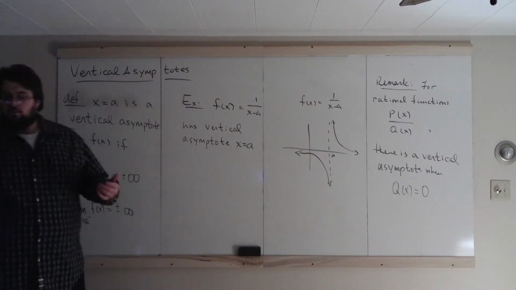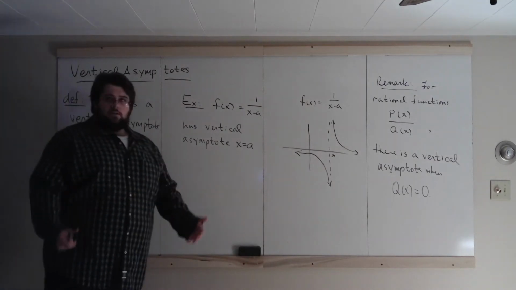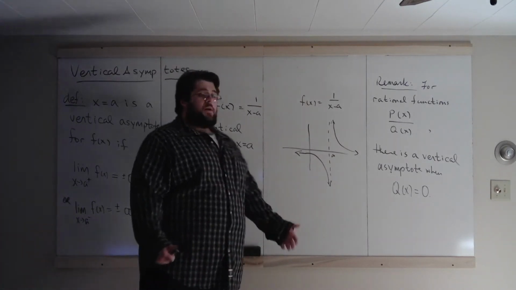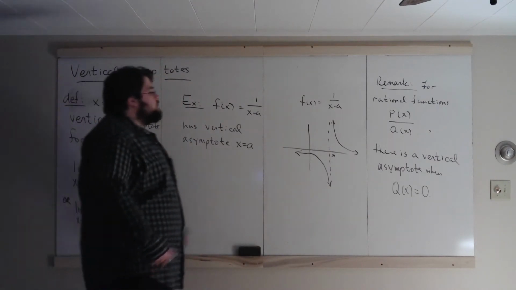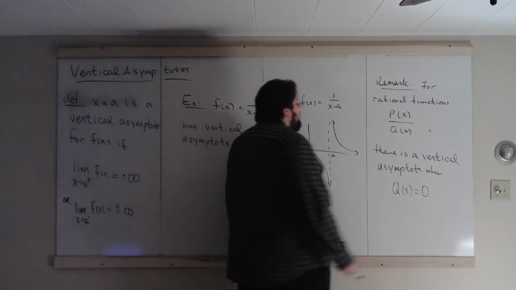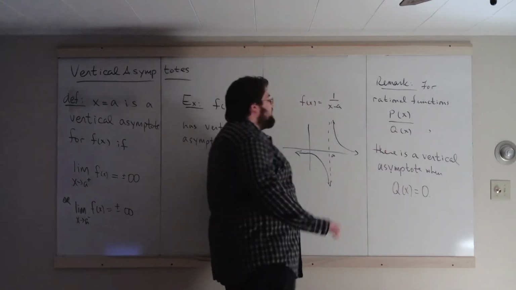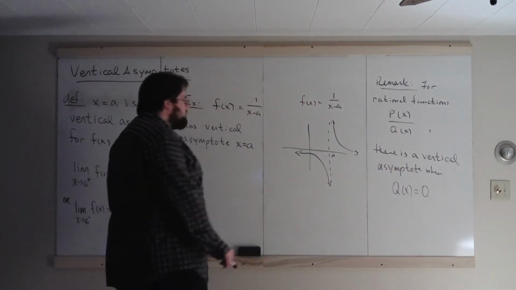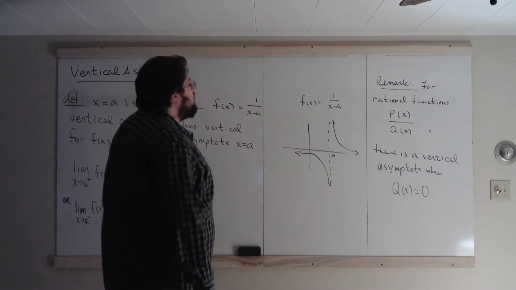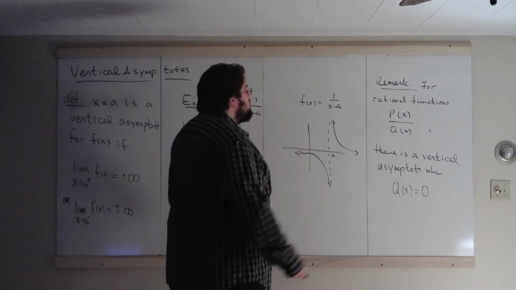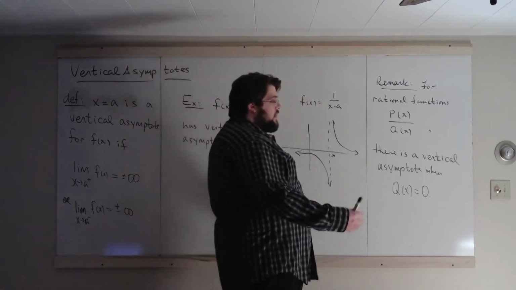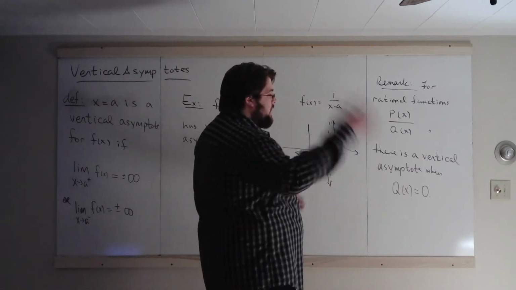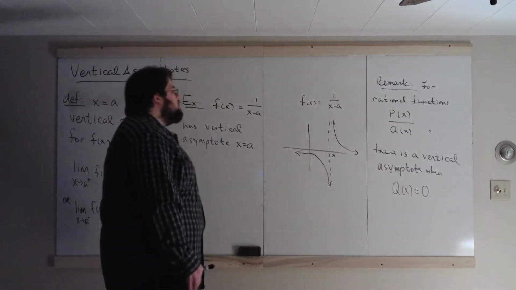Now, the functions we're going to find vertical asymptotes for are largely going to be fraction functions, meaning rational functions, p of x over q of x. Here I'm being a little informal in this remark. We're going to assume that this means it is a fully reduced rational function, meaning you can't factor the top and bottom and then cancel something out.